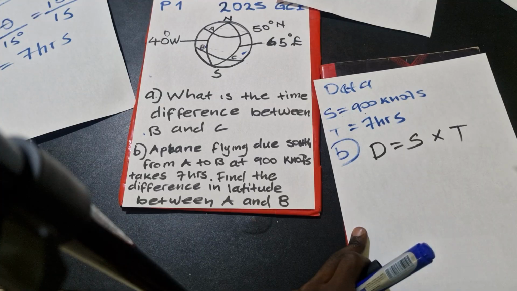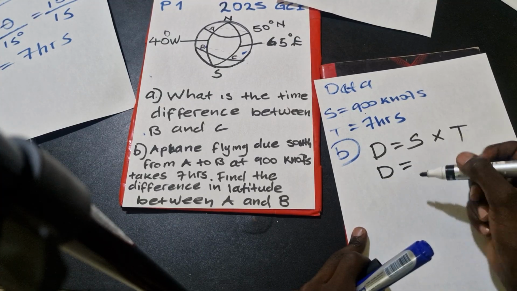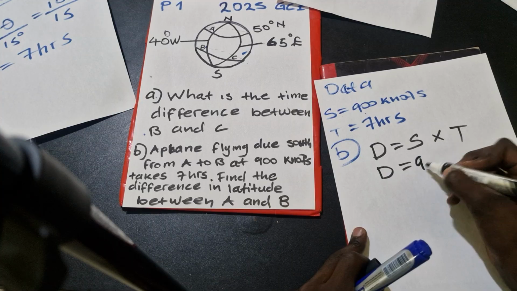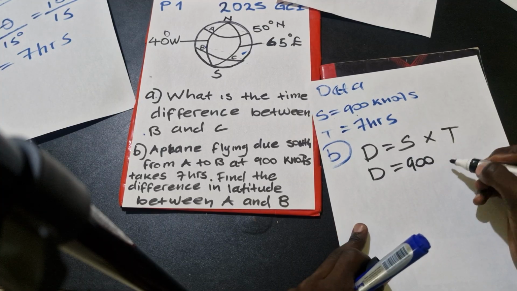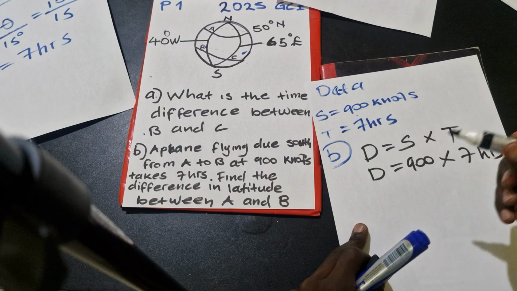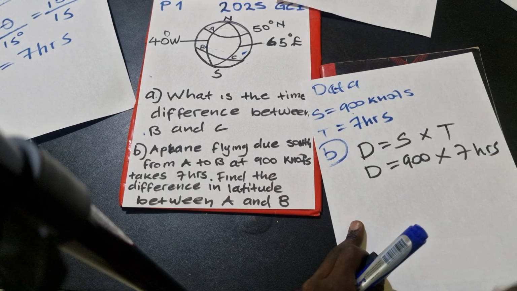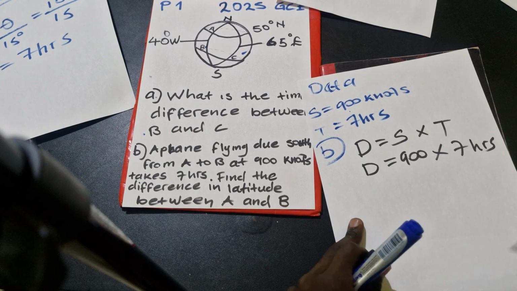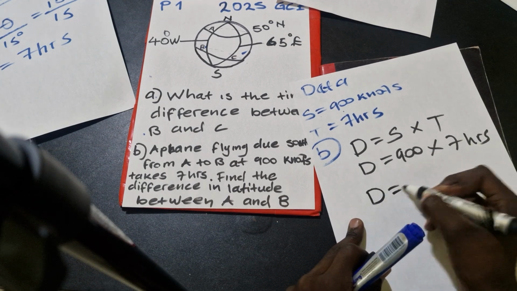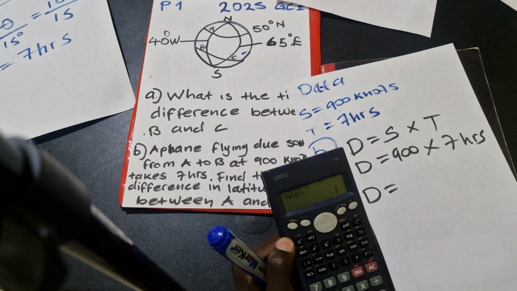So what is my speed? My speed is 900 knots. What is my time? 7 hours. It was flying 7 hours from A to B. So we have to multiply this now. Distance is equal to... we'd get our calculator, but take note, this is paper 1.